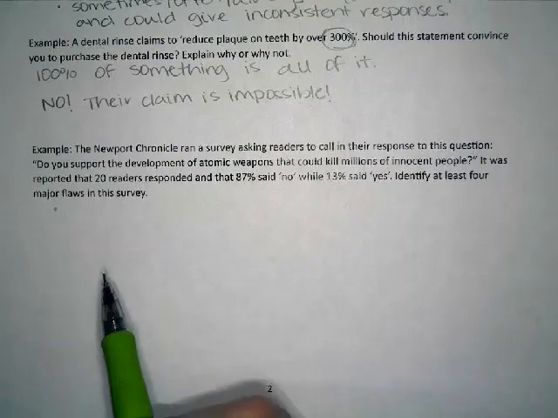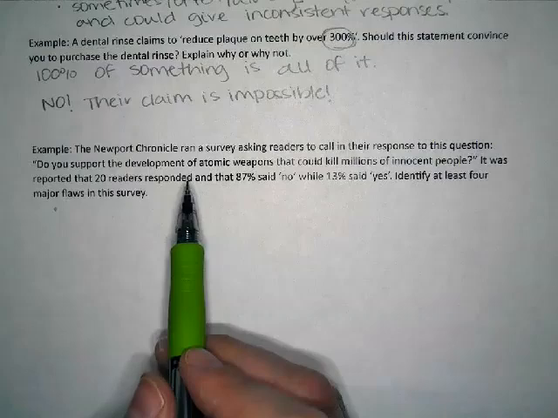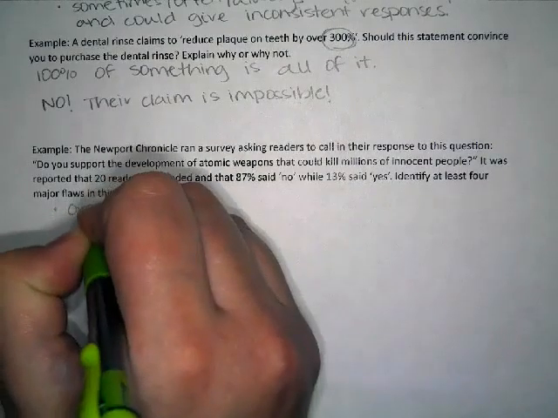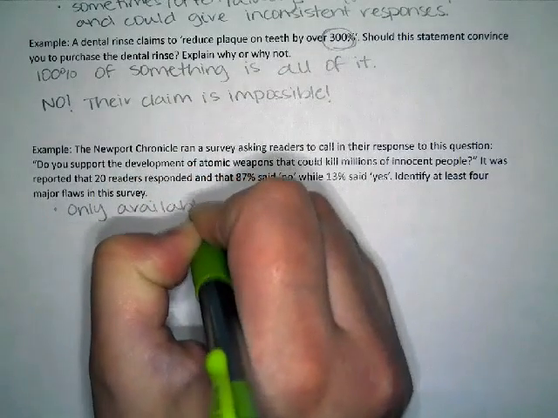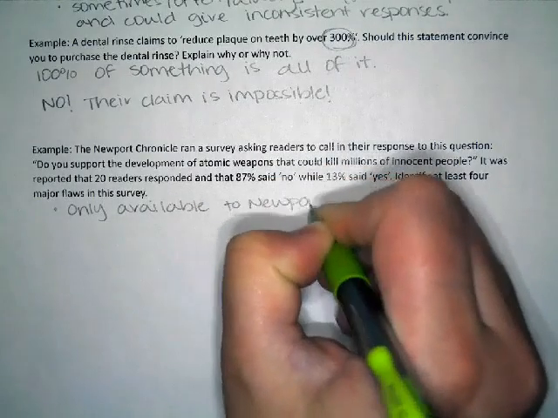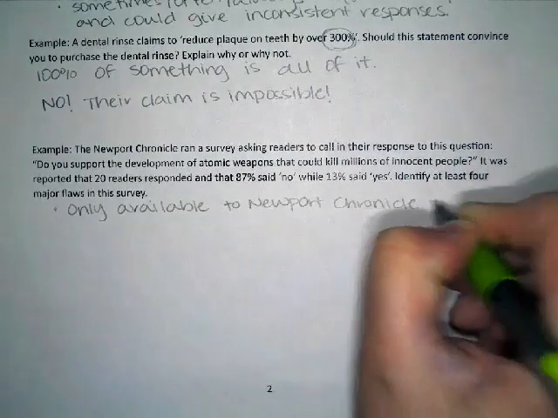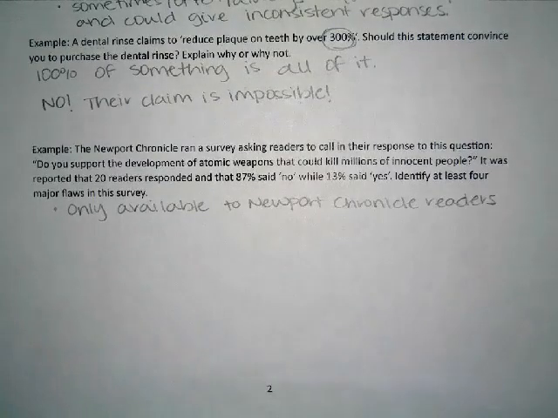So first, this is for the Newport Chronicle. So this is only available to Newport Chronicle readers. If you want to have information represent a population, and that population being people who happen to read this newspaper, then great.